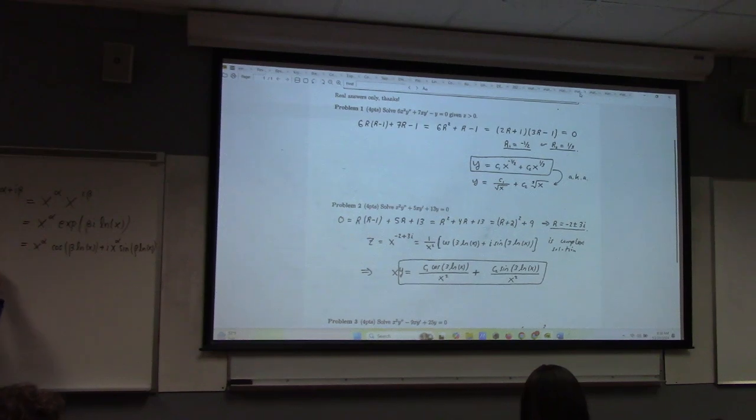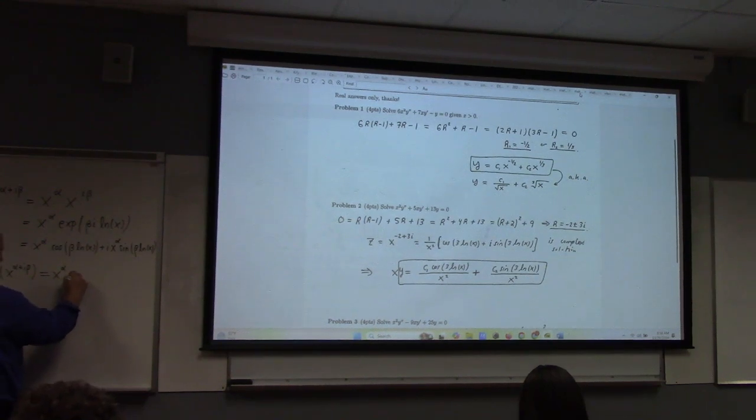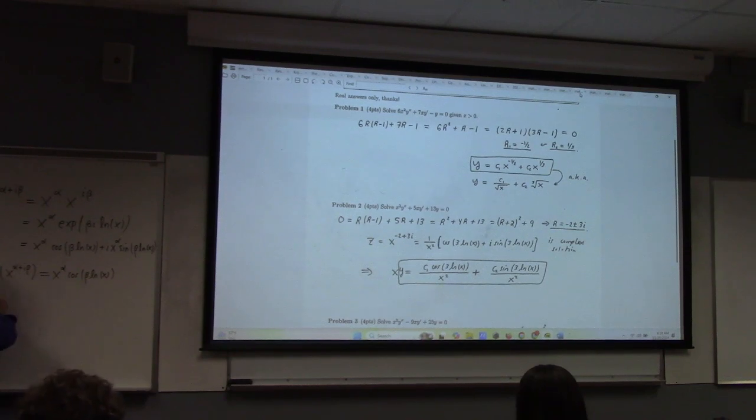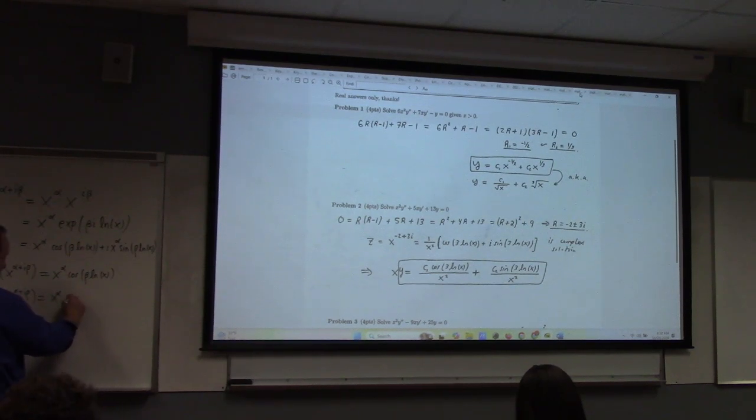So the real part of x to the alpha plus i beta is x to the alpha cosine of beta log x. The imaginary part is x to the alpha times the sine of beta times the natural log of x.